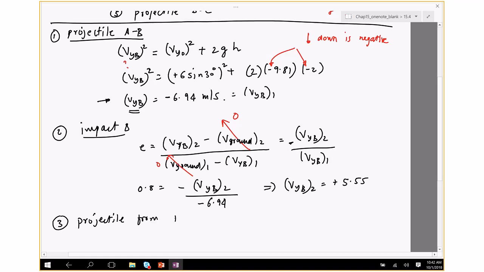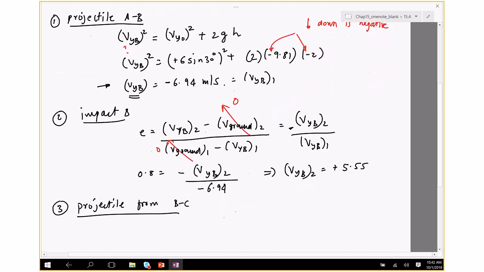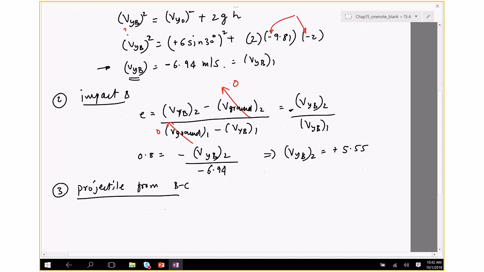from B to C. Again, the same formula holds true. Vyc squared equals Vyb squared plus 2gh.